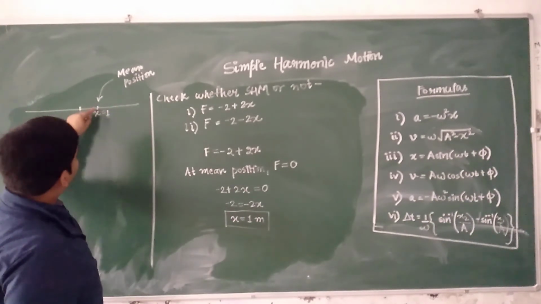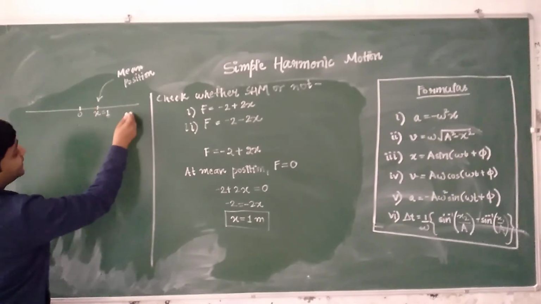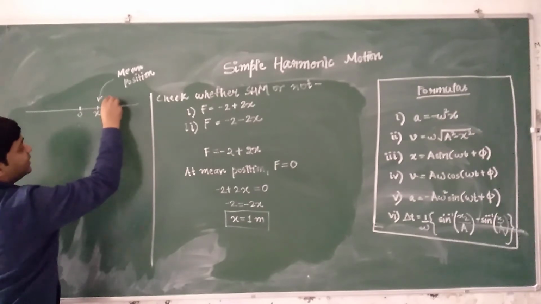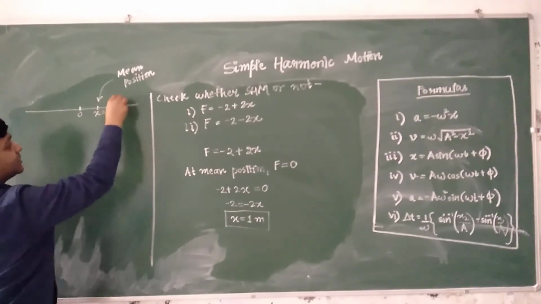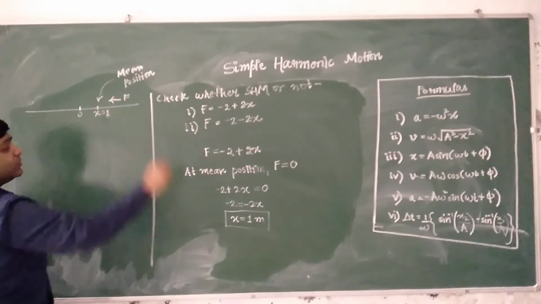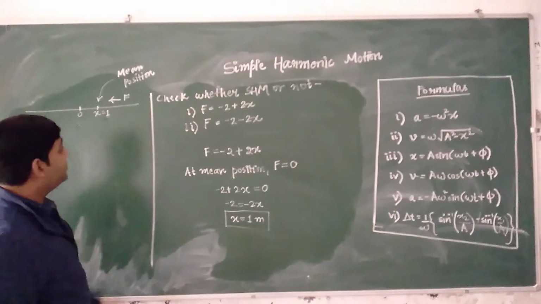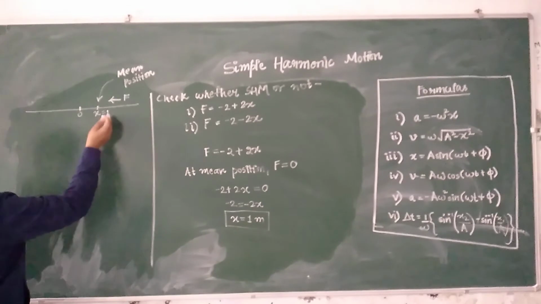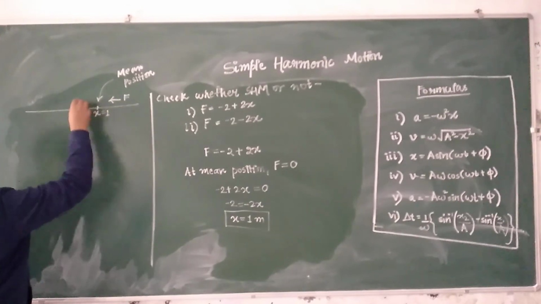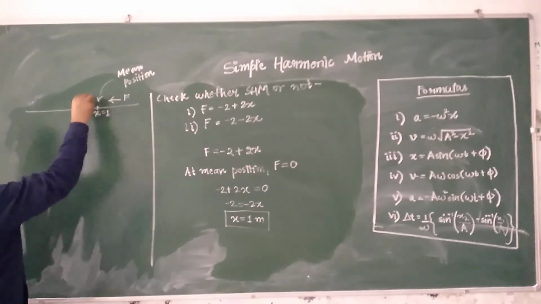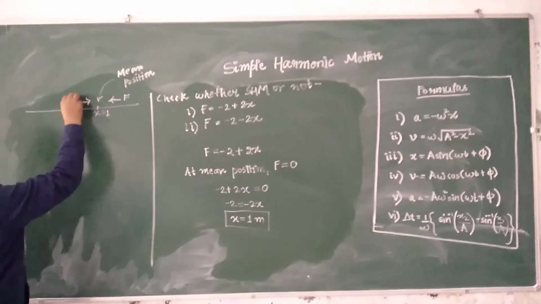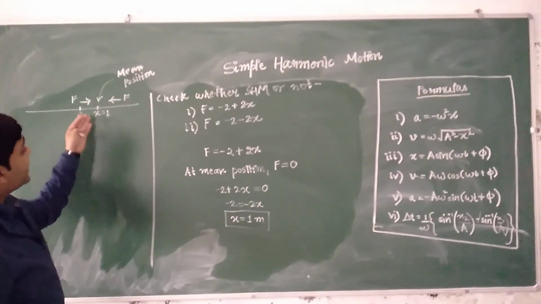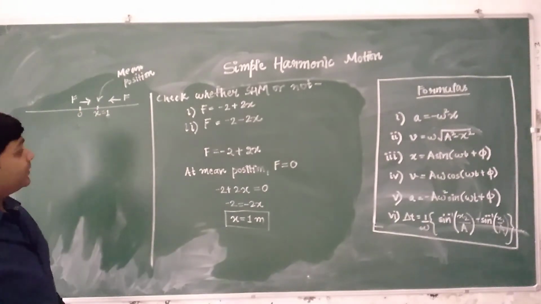So if we go beyond x is equal to 1 in the positive x direction, then force should be directed in this direction, because the restoring force always acts towards the mean position. And on the negative side, or the left side of x is equal to 1, the restoring force on the particle should be in the positive direction, because again the restoring force always acts towards the mean position, right?